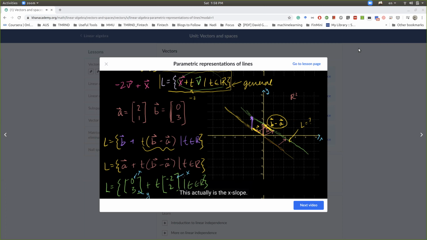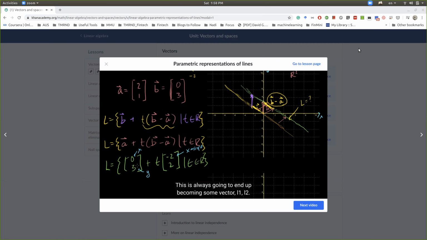Actually, let me be very careful there. This is always going to end up becoming some vector L1, L2. This is a set of vectors, and any member of the set is going to look something like this. So this is the x-coordinate, and this is the y-coordinate.